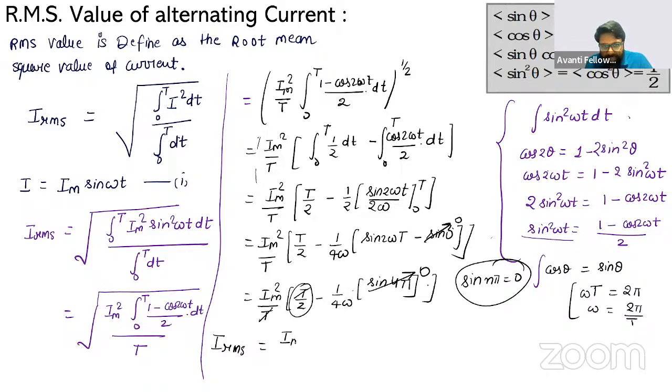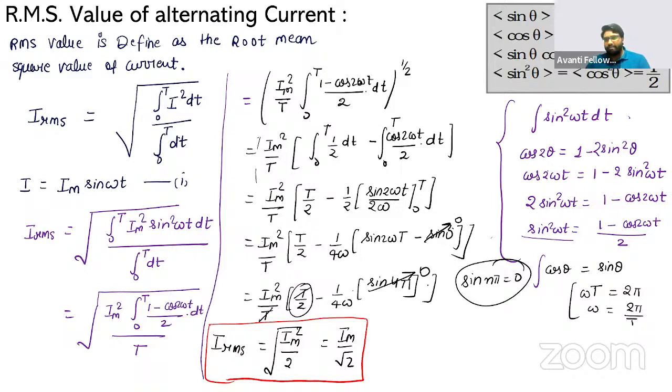It is Im square by 2, under square root, which basically is Im upon root 2. ठीक है? So this is the RMS value of current, which is nothing but 0.707 Im, मैक्सिमम वैल्यू का 70%. क्लियर है?